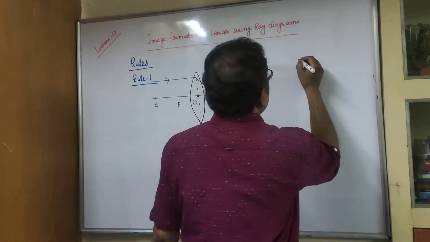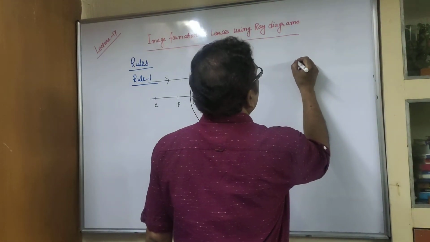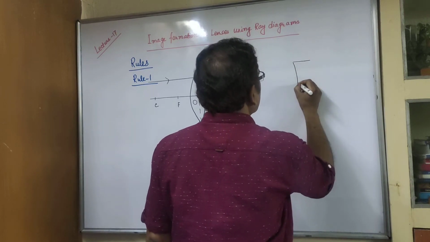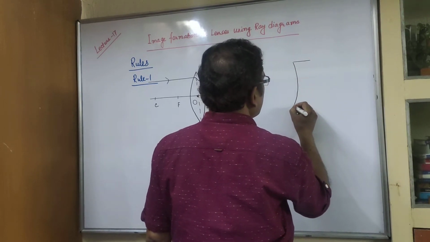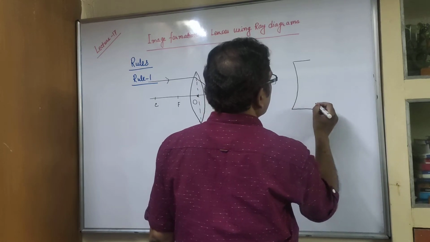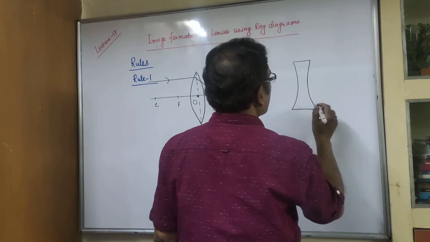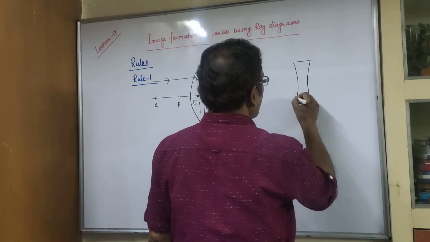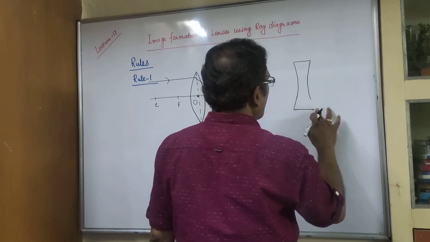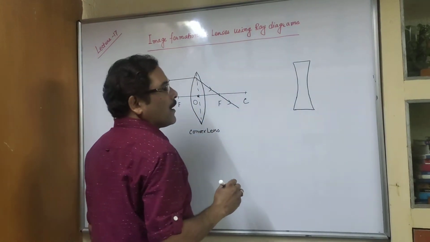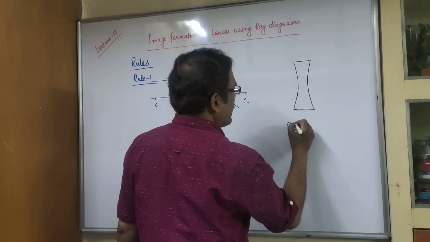Now we represent same rule 1 in case of concave lens. We can also show it in case of a concave lens. So draw a concave lens. This is a double concave lens.